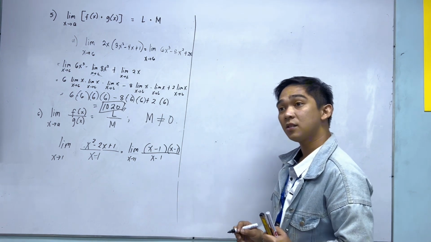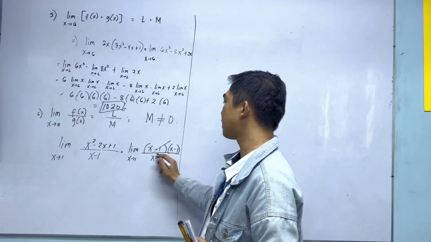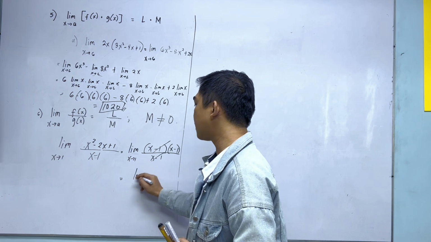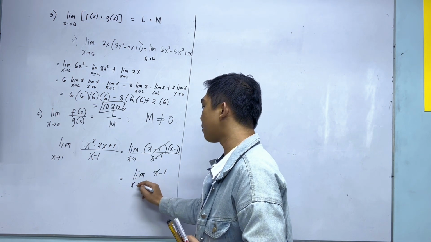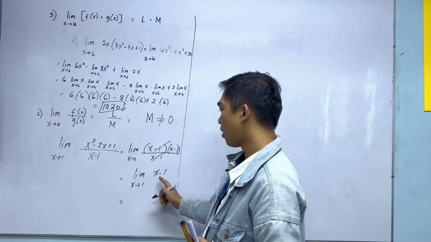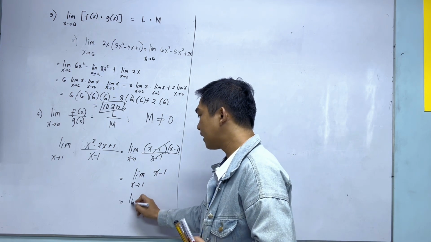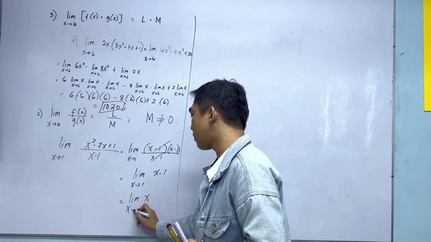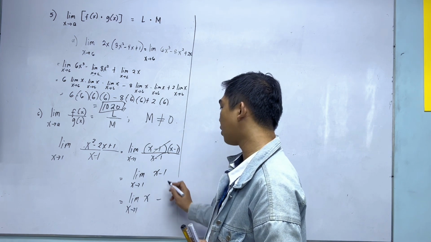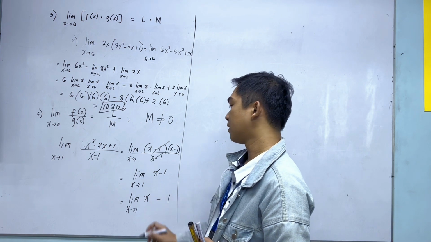Can we cancel out? Yes. Cancel, cancel. So this is simply limit of x minus 1 as x approaches 1. Paghiwalay na natin, limit of x as x approaches 1 minus 1.